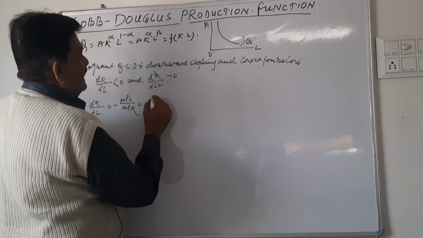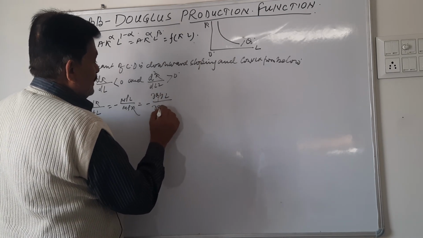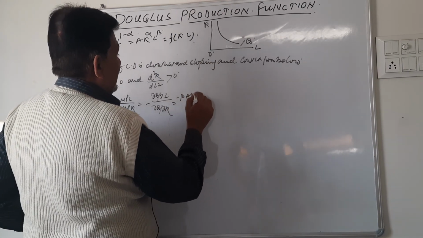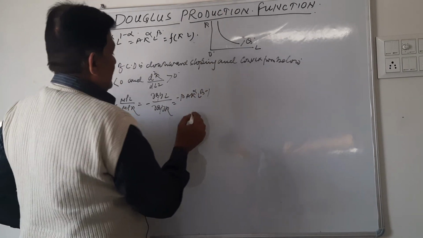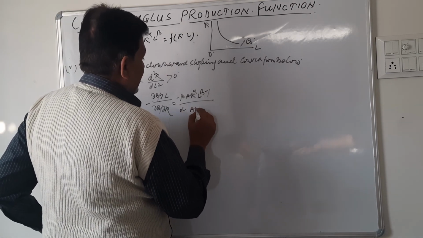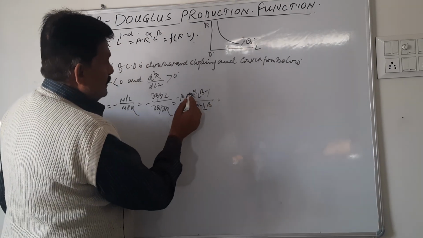So this is minus delta Q by delta L over delta Q by delta K: minus beta A K to the power alpha L to the power beta minus 1, over alpha A K to the power alpha minus 1 L to the power beta.